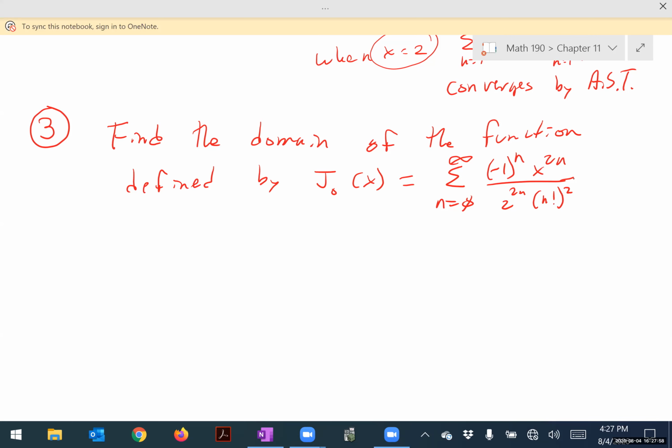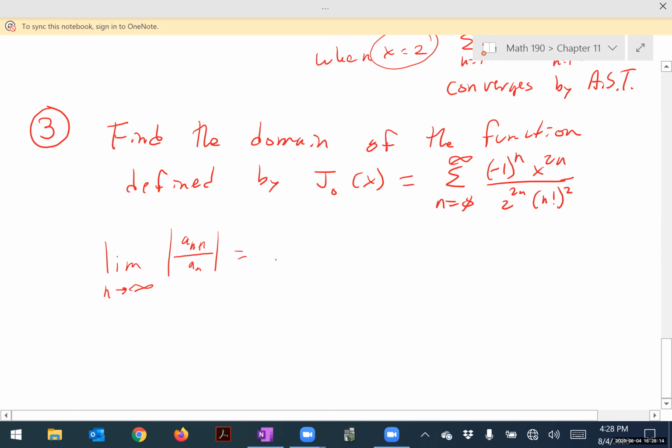Okay, so we're going to do the ratio test on this thing. The limit as n goes to infinity of a sub n plus 1 over a sub n is equal to the limit as n goes to infinity of, this is going to be pretty huge. A lot of stuff going on here.